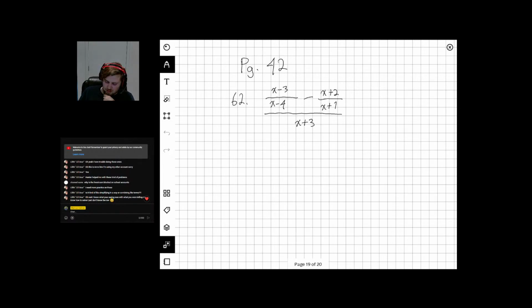Okay. Here's another one. I can write this over 1 and then multiply, but then I'm going to have a bunch of distributing to do. So instead, I'm going to look at the top and get a like denominator, and then subtract these from one another. So I'm going to do x plus 1 times x minus 4 to get common denominator.